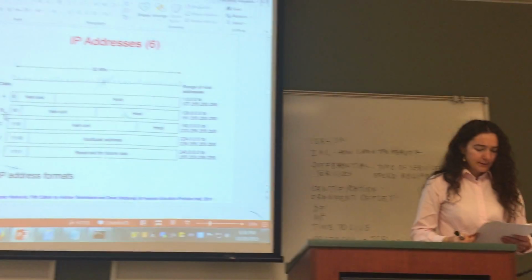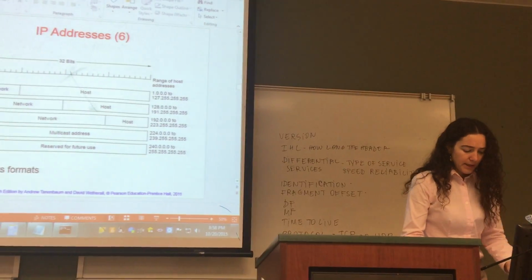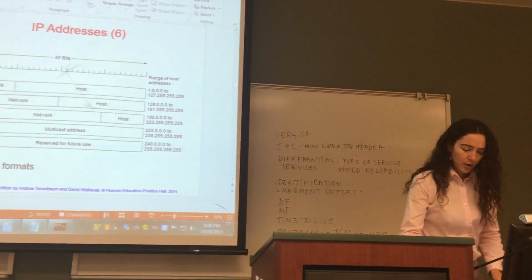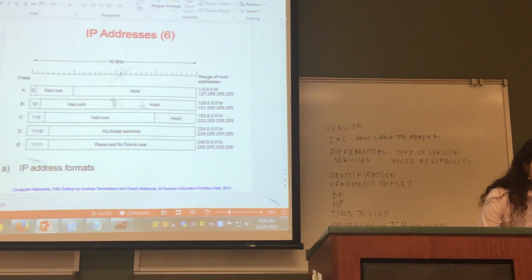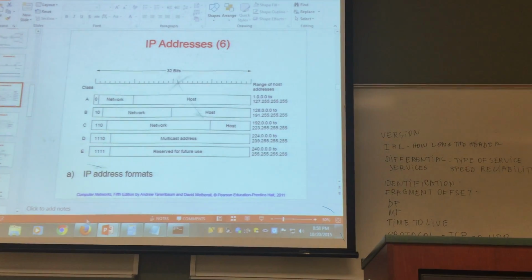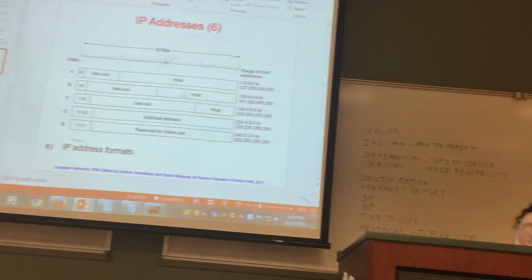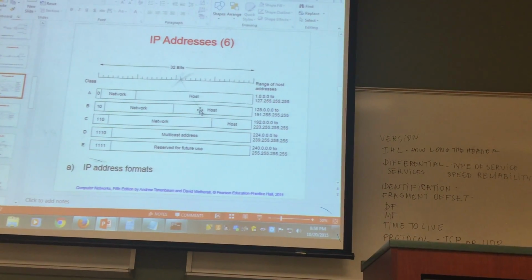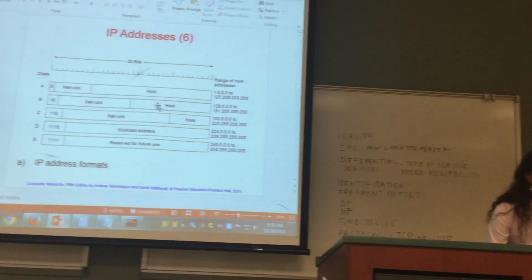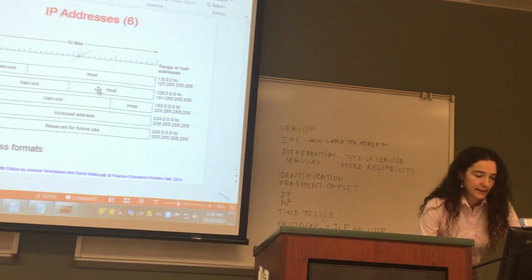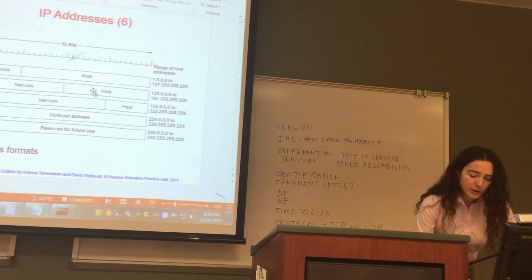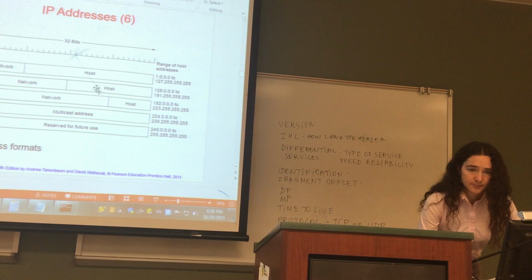Why did they request something like that? How many hosts can we get if we have 16 bits for the host portion? Two bits are not used, so 14 bits in the host portion.